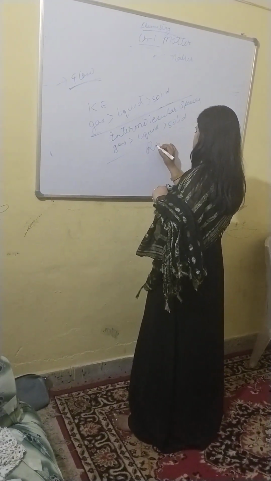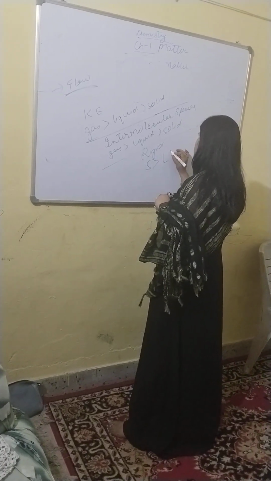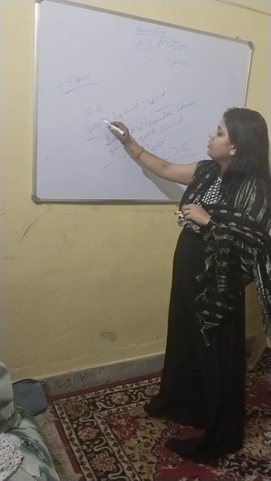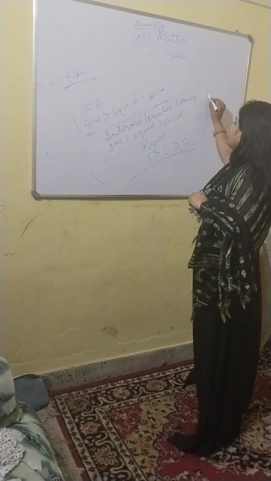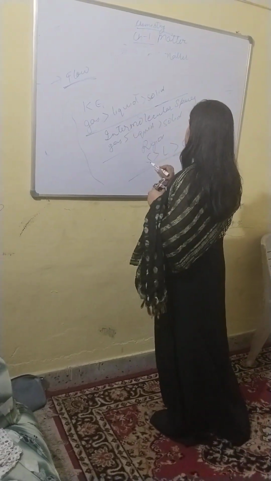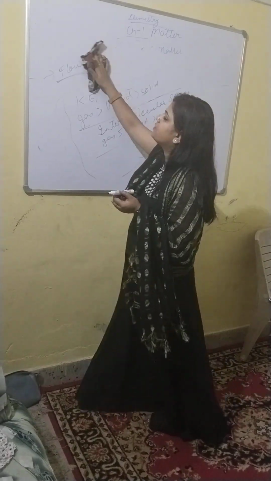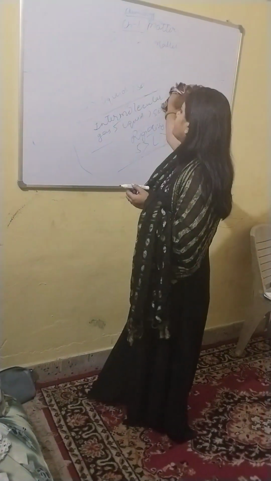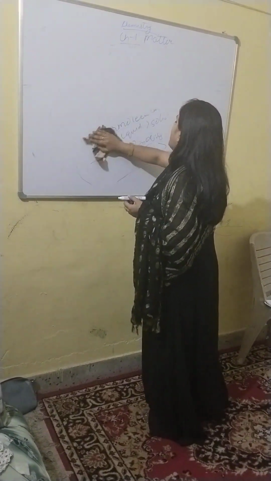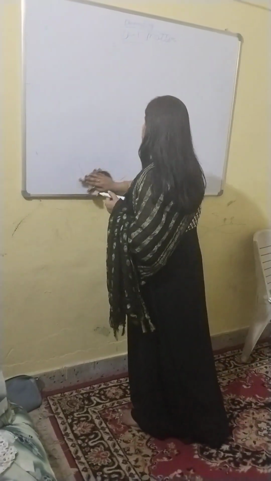Rigidity. Solid is much more rigid than liquid and gas. So you have understood the increasing or decreasing order of kinetic energy, intermolecular space and rigidity. These were the properties of the states of matter, solid, liquid and gas. Now we will be studying interconversion of matter.